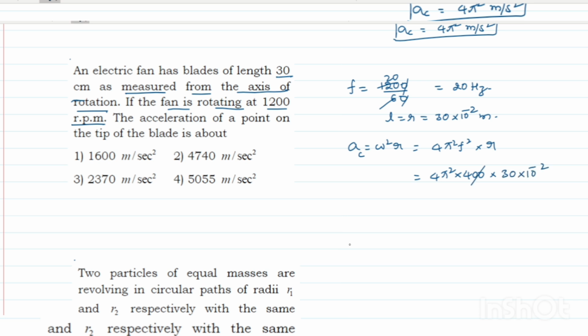So the 2 zeros get cancelled with 10 power minus 2. When you simplify this, you get nearly 4732, and the centripetal acceleration is approximately 4740 meter per second square.